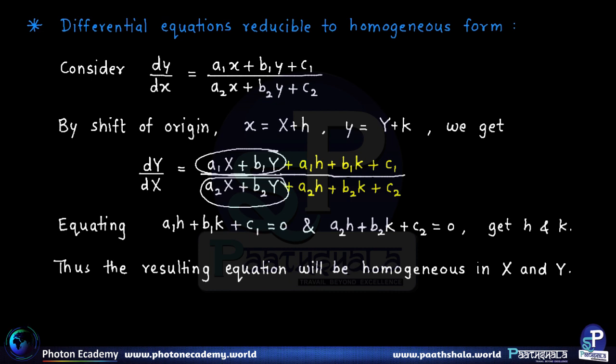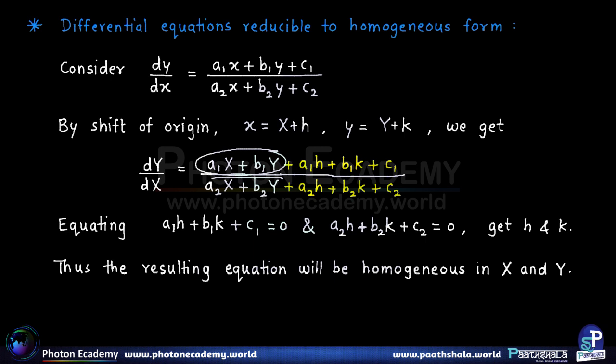Because only when they are 0, the remaining expression is a homogeneous expression. So if we choose the values of h and k intelligently so that the yellow colored terms vanish, that is, if they become 0, then we have effectively got a homogeneous differential equation.